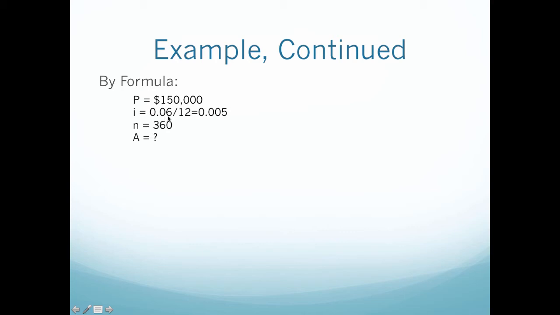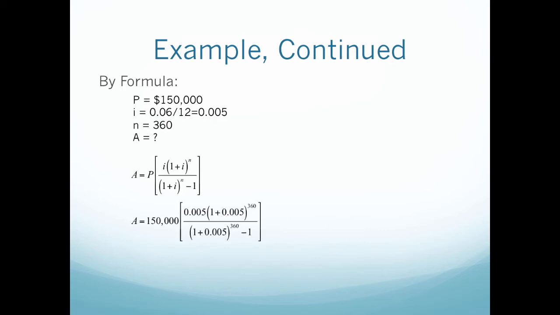So that's 6% divided by 12 months, which would then give me 0.005. So I then solve this using the formula. I plug in all these beautiful values, and I get a monthly payment of $899.33.